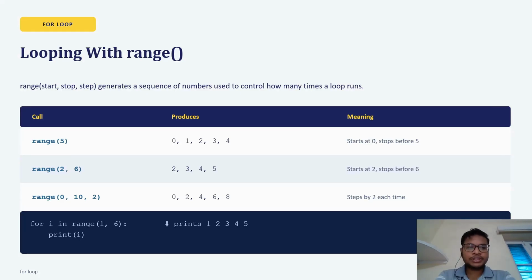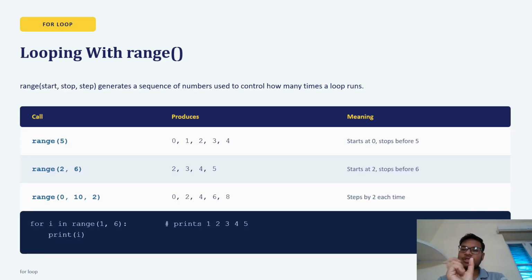The most important thing about the for loop is looping with range. If you have to loop with range, what do you have to do? You have to set a range. There is a starting point, a stopping point, and a step. Like the range is 5: the starting point is 0, the stopping point is 5, and if you want to print 0, 1, 2, 3, 4.